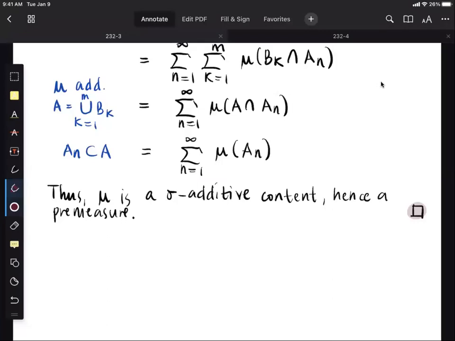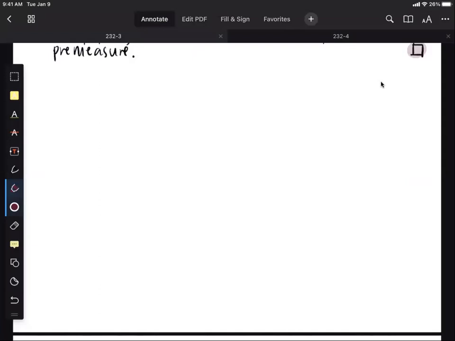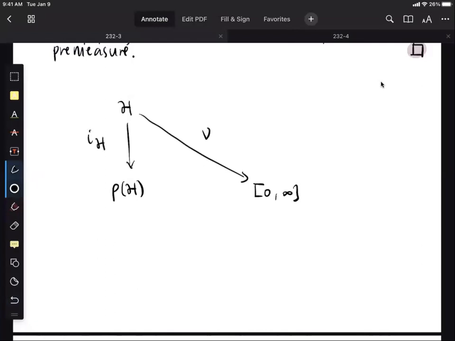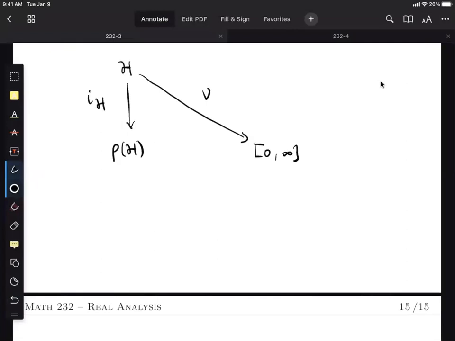So let us summarize the theorem with the following diagram. So you start with a semiring H, and you have a content nu on this semiring. Now we have here the ring generated by H, and we consider the following canonical map i sub H. And what is this canonical map? It is basically the identity mapping.